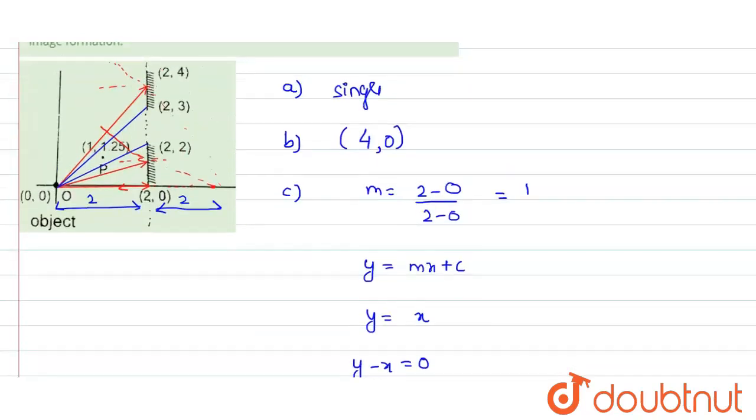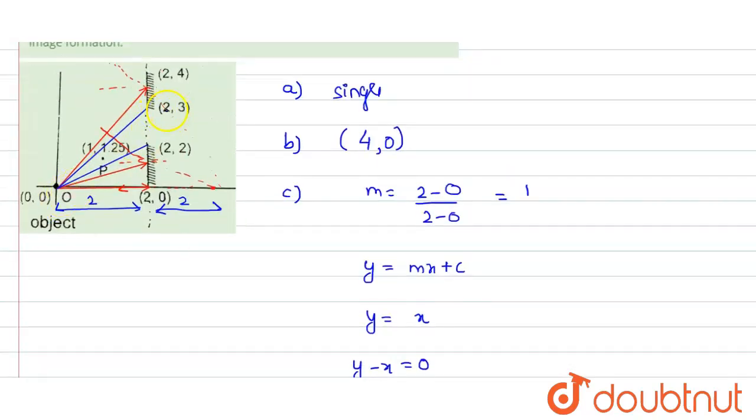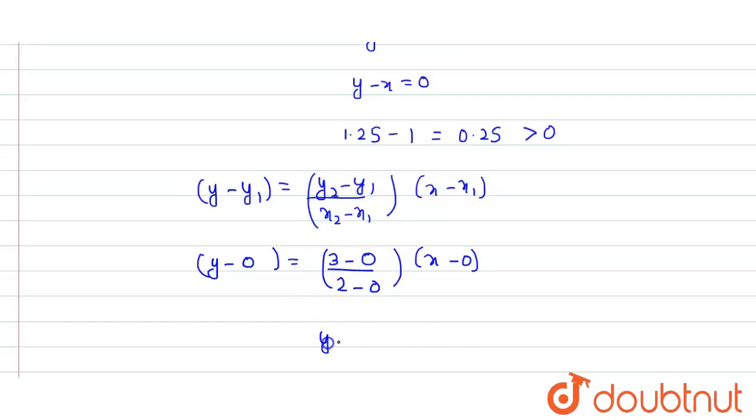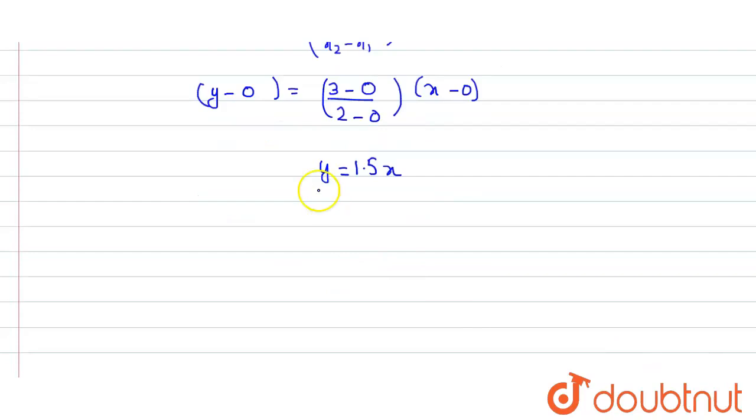We take x1 and y1 as this point, and x2 and y2 as 2, 3. So we put the values. y minus 0 equals 3 minus 0 divided by 2 minus 0, times x minus 0. So this equation would turn out to be y equals 1.5x, or y minus 1.5x equals 0.